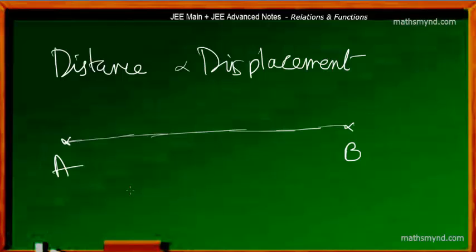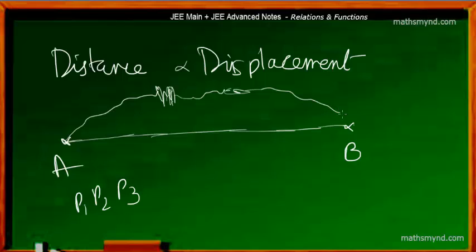Suppose there are three persons, and I'd call them P1, P2, and P3. And of course, the first person is moving from point A. He's going through certain hill-like places, and crossing a river and something like that, and reaches point B. So this is the route of person 1.